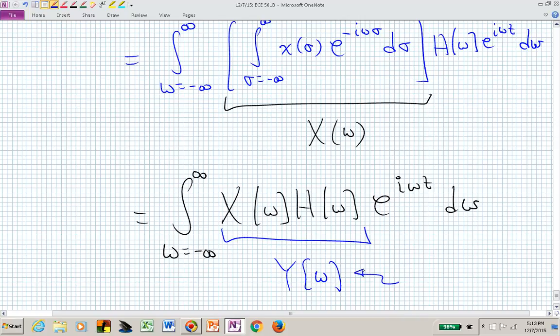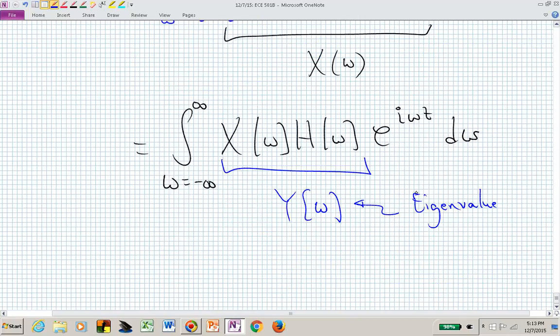And this is now the eigenvalue spectrum of our output.